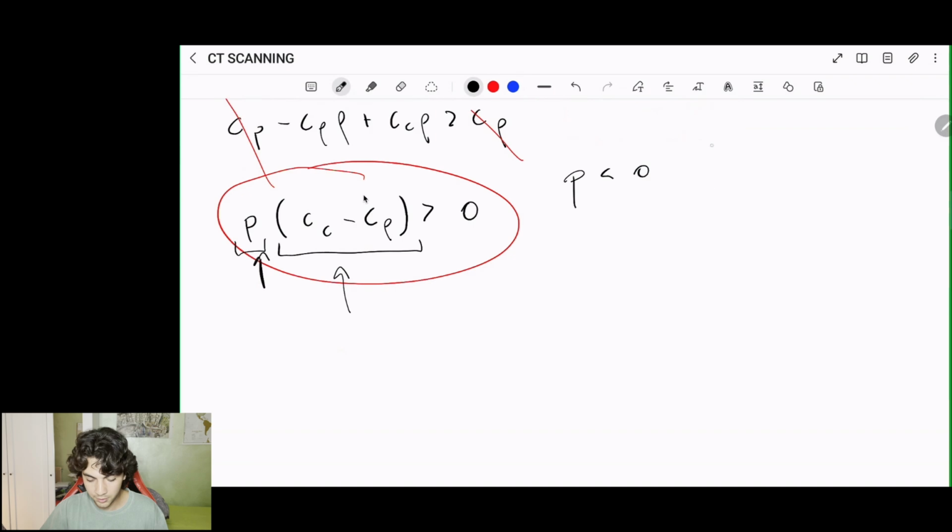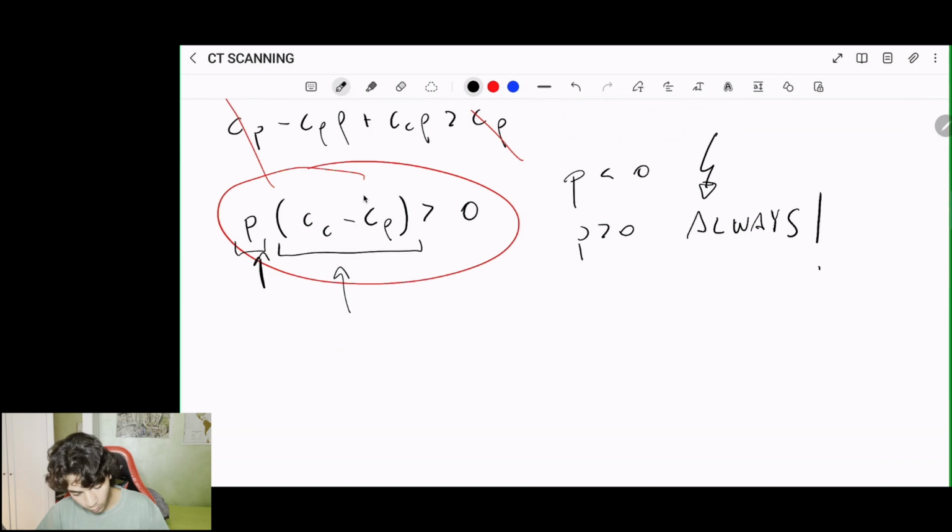Never. That's what you use in mathematics to say there's a contradiction. P is at least equal to zero, but it's never negative. So P is positive when? Always. So at this point you're left with, when is CC minus CP positive?